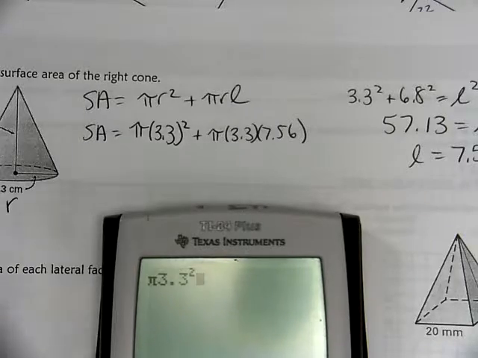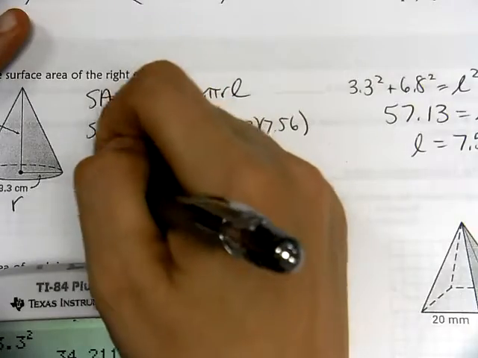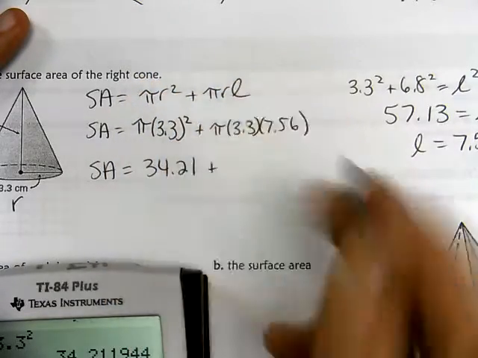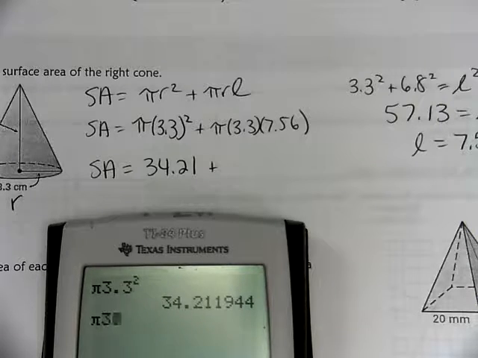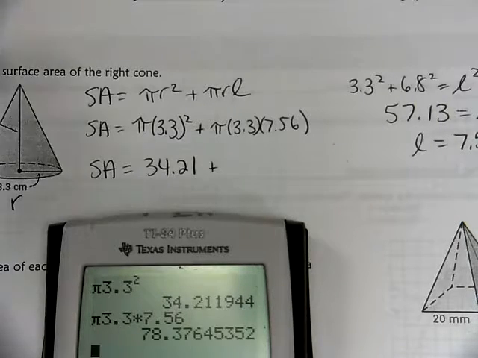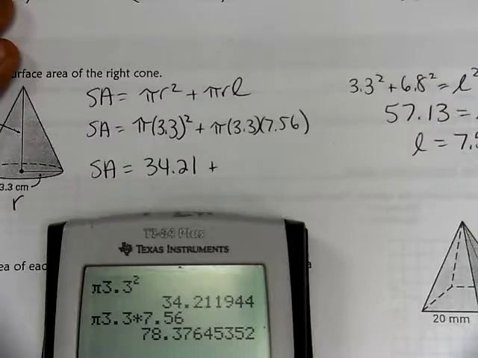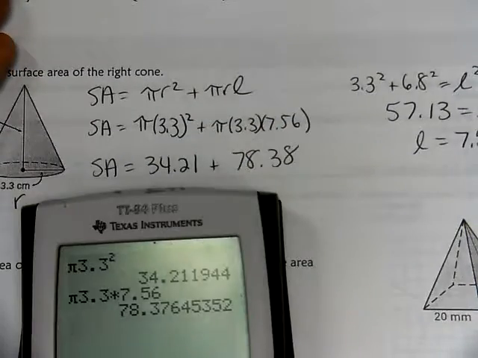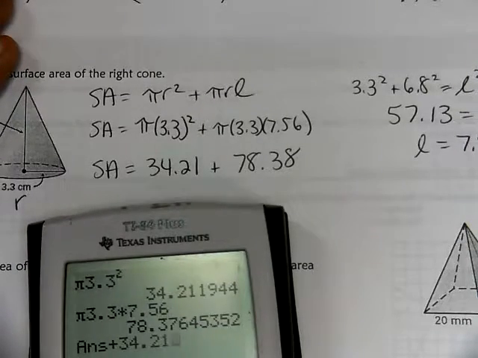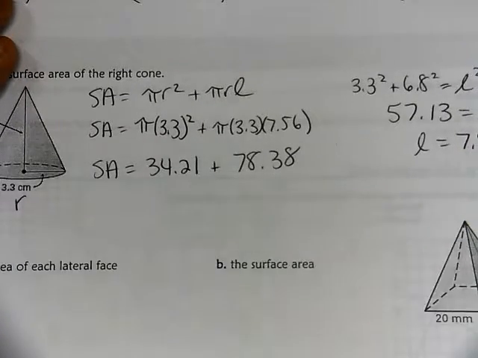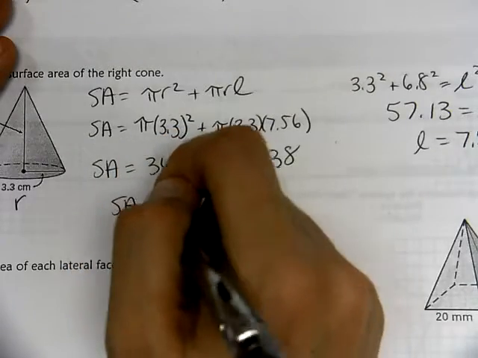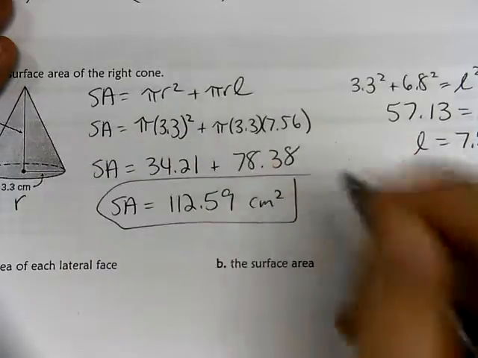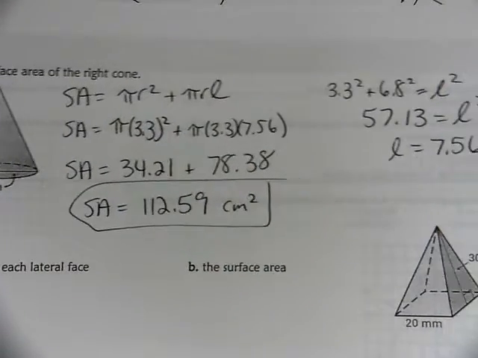Pi 3.3 squared, 34.21. Pi 3.3 times 7.56, 78.38. And then add it up. 112.59 centimeters squared. It was a bad box, but okay.